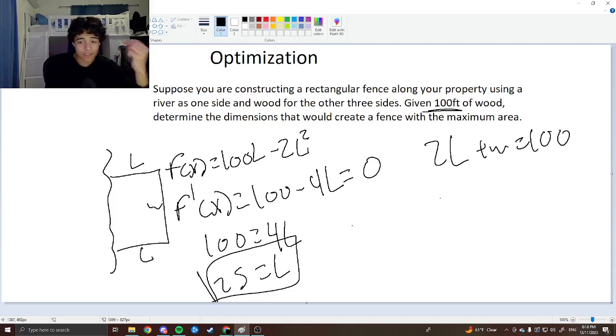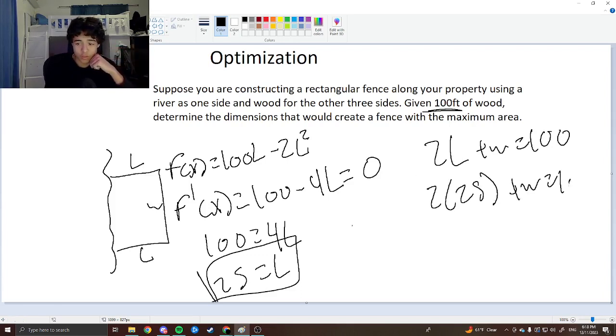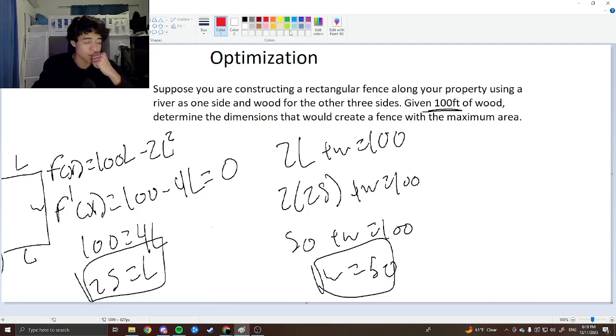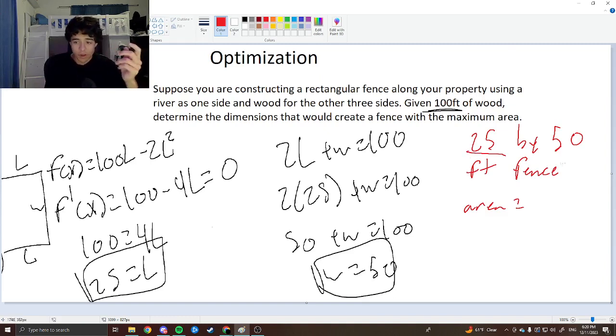Now that we know that L is 25, we have 2 times 25 plus W equals 100, or 50 plus W equals 100, so W equals 50. So over here on the right, we'll make a 25 by 50 foot fence. And our area is, we just multiply 25 and 50, and we get 1,250 feet squared.